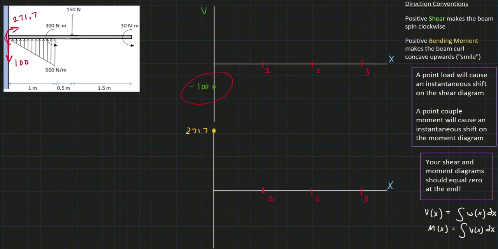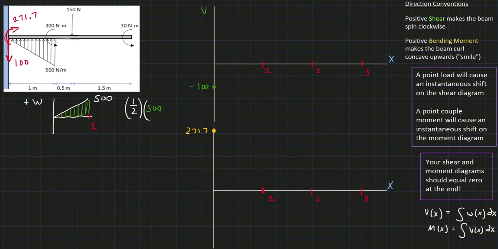Alright, so here's our initial v and m values. Now if I want to sketch my w curve, that's going to be like this. Remember, these are positive w's here, because these w's are going in the positive y direction. So the area under this curve is just the area of a triangle.